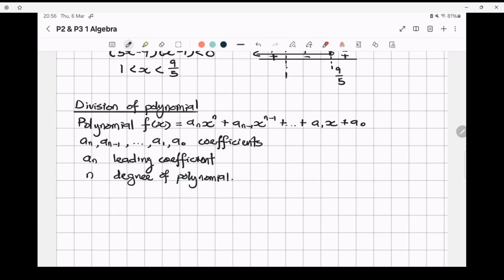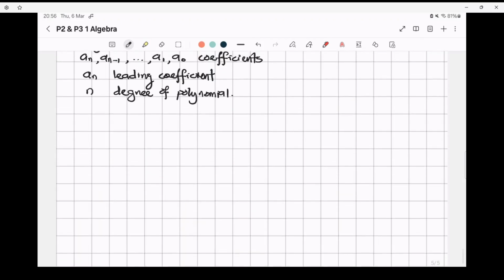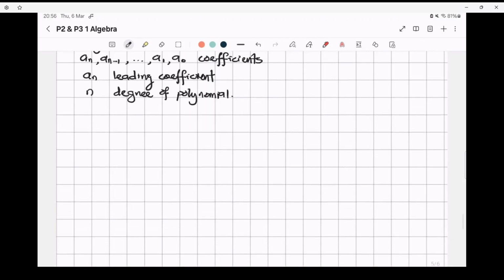So what is the division of polynomial all about? It is trying to show you how two functions can be divided together to give you the quotient. If you remember, for example, 5 divided by 3, this is a fraction, right? Let me just rewrite this.